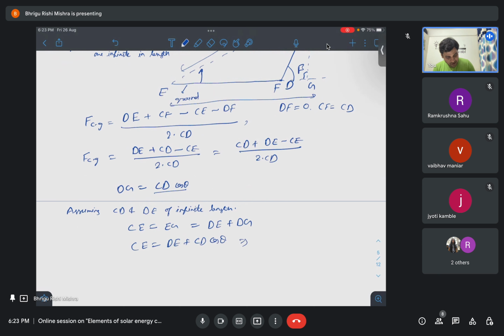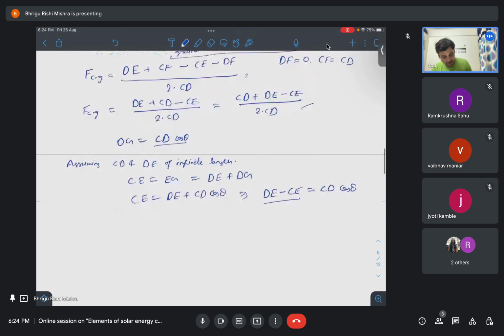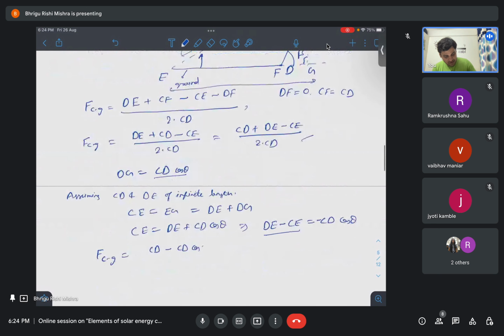So this will give us DE minus CE equals minus CD cos theta. Now putting this value here, we can get FCG equals CD, sorry, this is minus, so CD minus CD cos beta. Sorry, this is not theta, since we have assumed the tilt angle beta, it is beta.